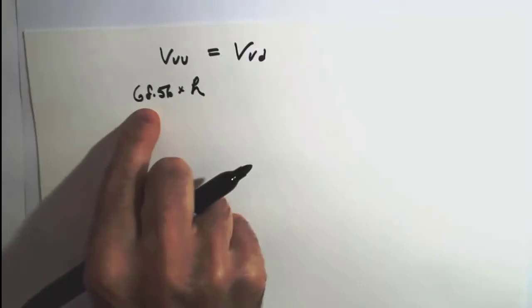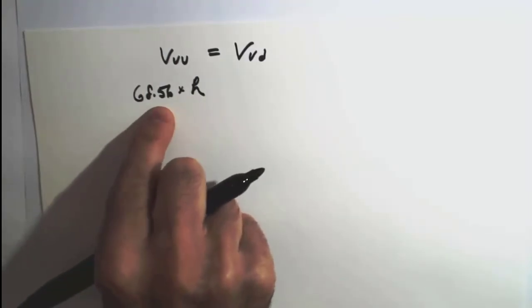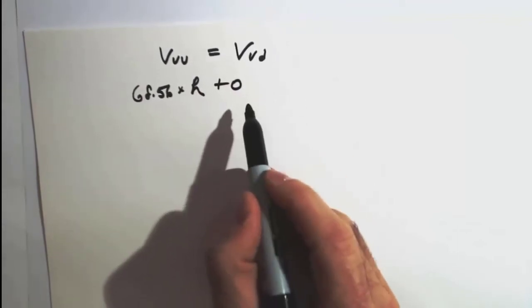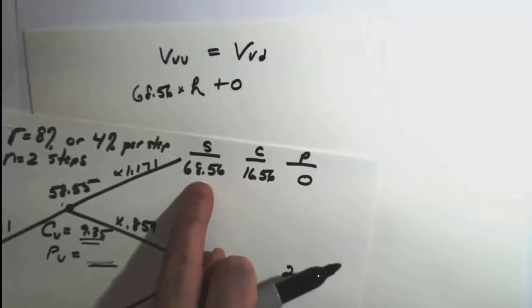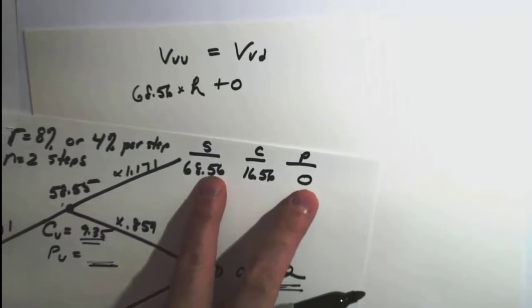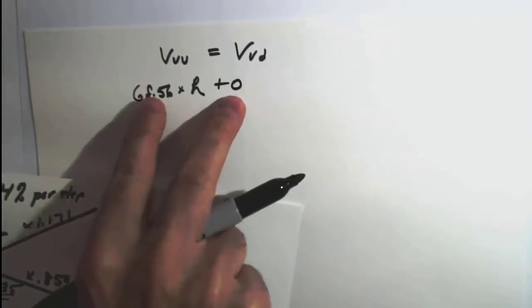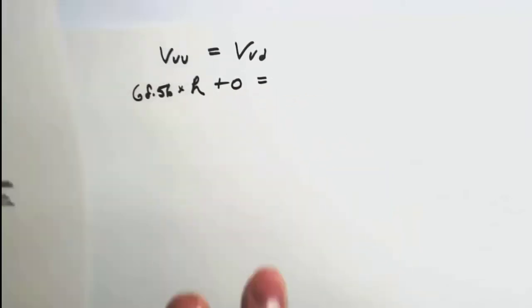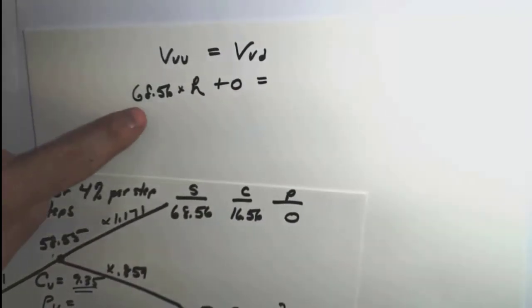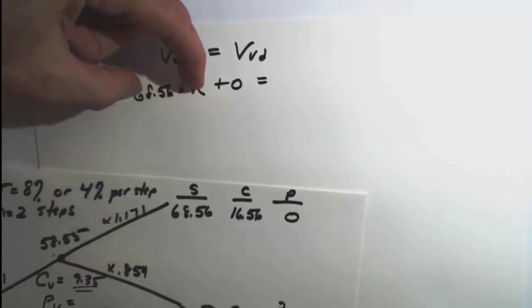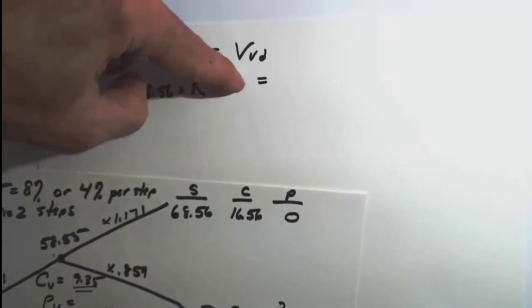So this is the stock on the upside twice, times an optimal H, plus the put. So right here, the 68 and the 0. I'm using those two numbers to come up with the 68 and the 0 here. So that's the portfolio. And notice what I'm doing is taking a certain number of shares of stock plus a put option.